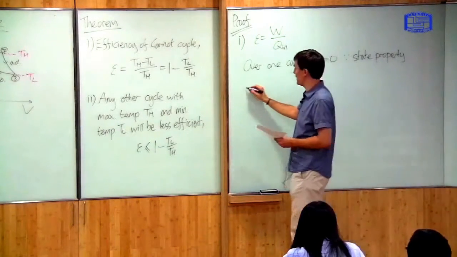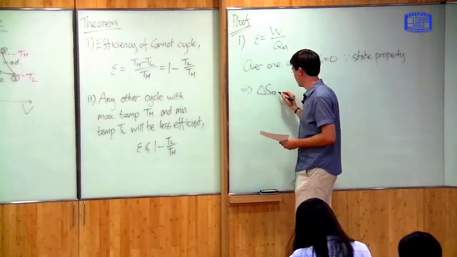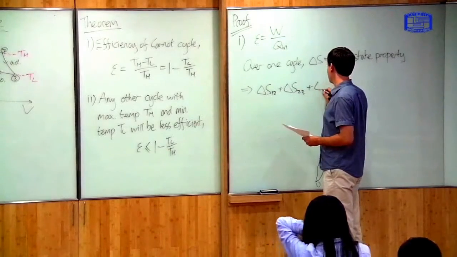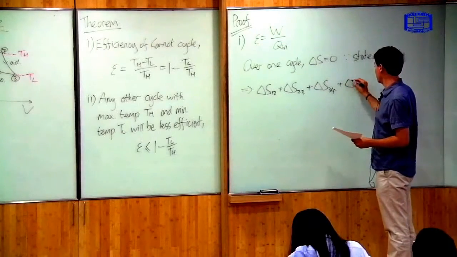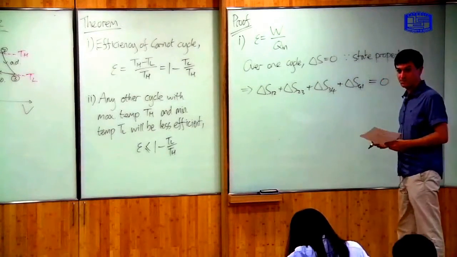Now there are 4 stages to this cycle, so the change in entropy 1 to 2, plus 2 to 3, plus 3 to 4, plus 4 to 1 is equal to 0.